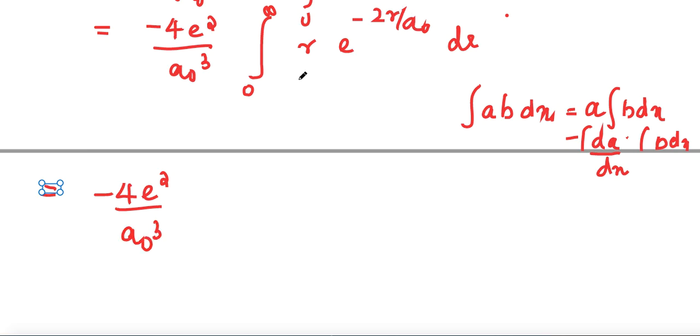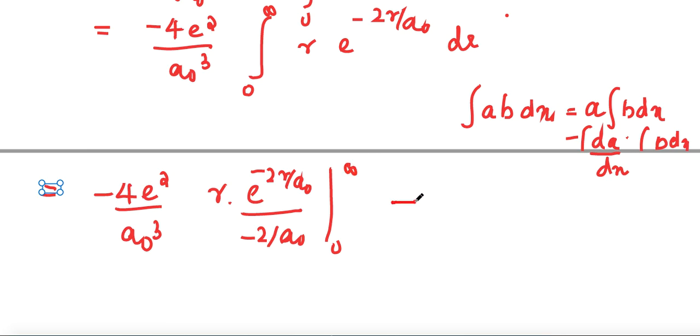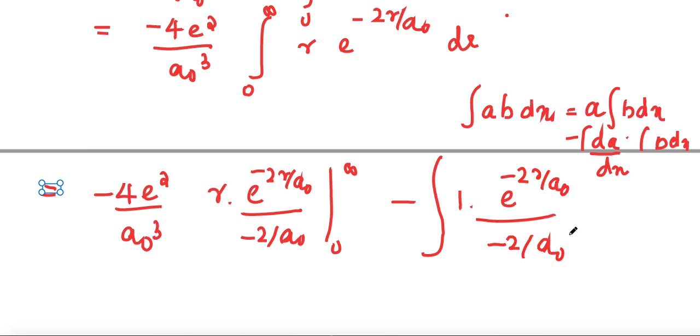Let's take r as the first function. So r into e raised to minus 2r by a0 divided by minus 2 by a0, from 0 to infinity, minus the integral of the derivative of first, which is 1, into e raised to minus 2r by a0 divided by minus 2 by a0, dr.